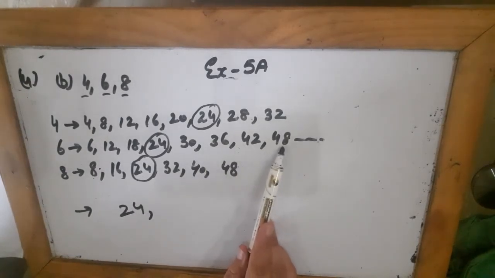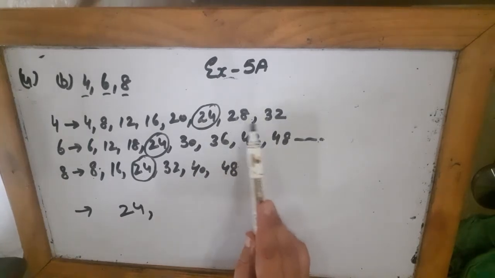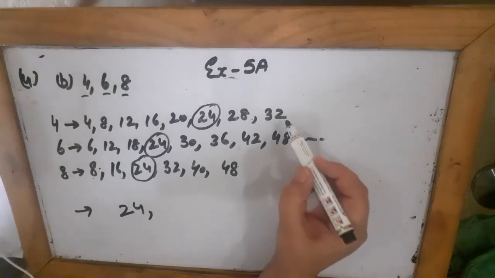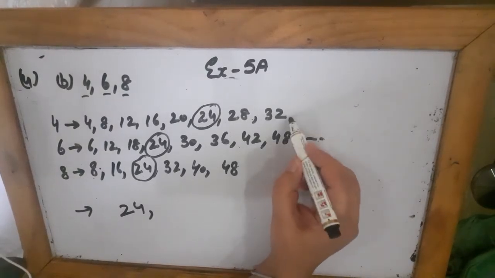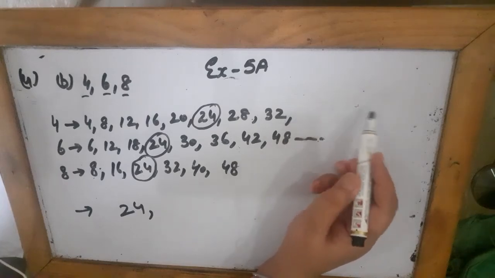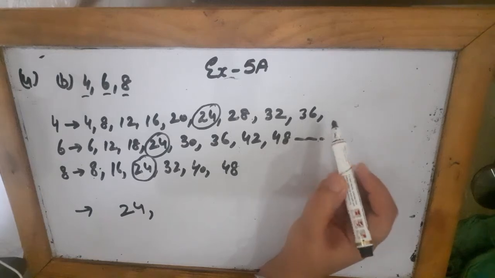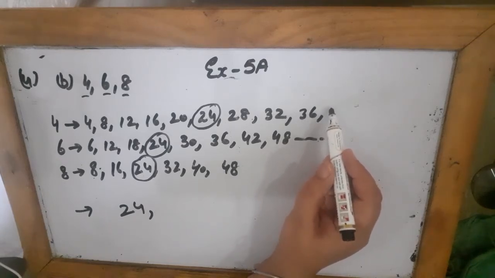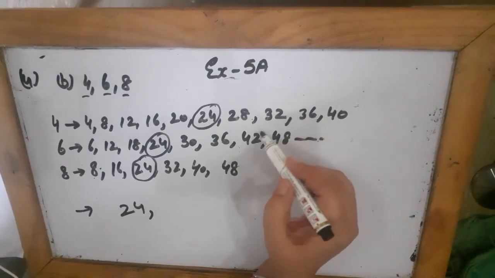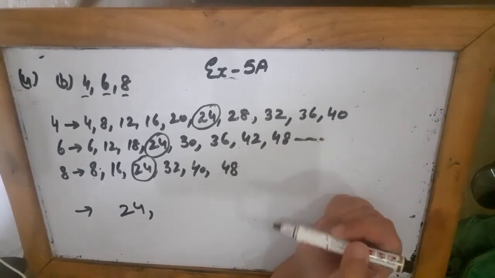Now as you can see, the other multiples are not common, so I will continue this further. To get the common multiple, I have to continue this. So I left at 4 8s are 32, 4 9s are 36, 4 10s are 40. So still I didn't get it, 36 is here, but it's not here.